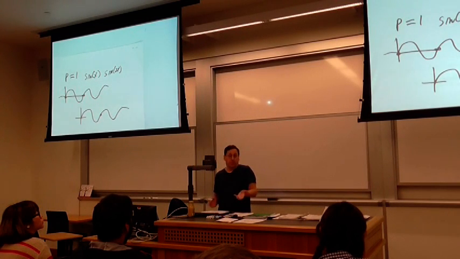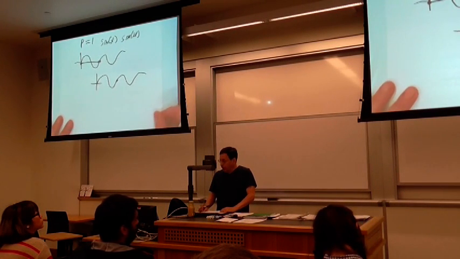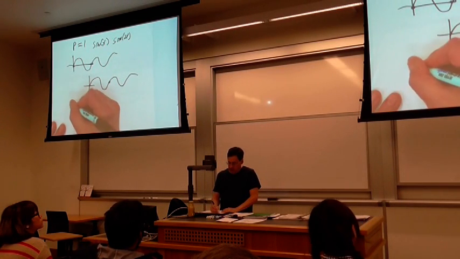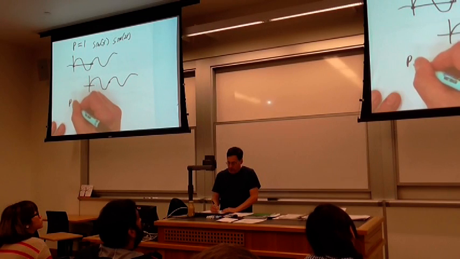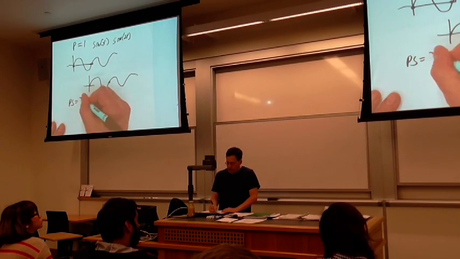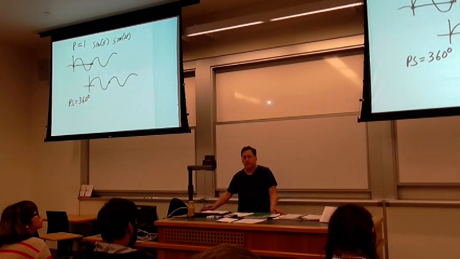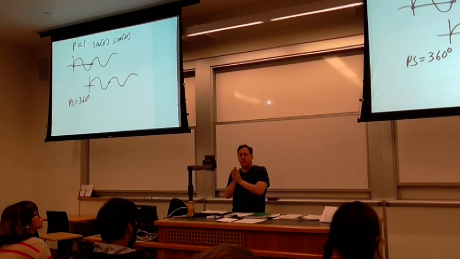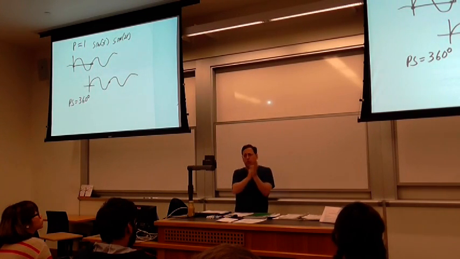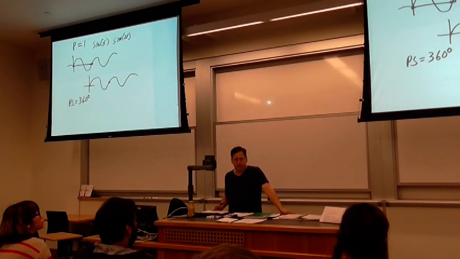That's one way to refer to a phase shift. Another way is to say the phase shift of 1 is equivalent to 360 degrees. A phase shift of 360 degrees just moves the function over to itself again. That's a different way of referring to it.